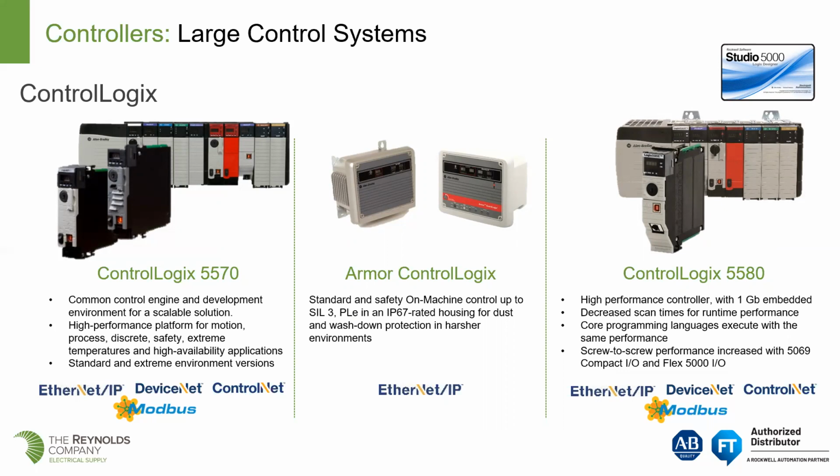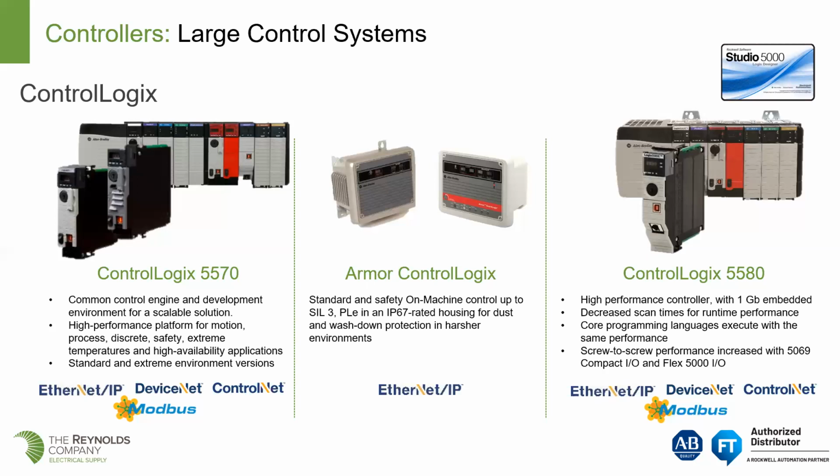You can take out your previous generation processor and put in your next generation processor, and everything else in that rack can typically stay the way it is. Sometimes, depending on circumstances, like if it's a redundant system, you might have some other modules that have to move forward too. But for the most part, you can easily move forward as technology changes in the ControlLogix family.